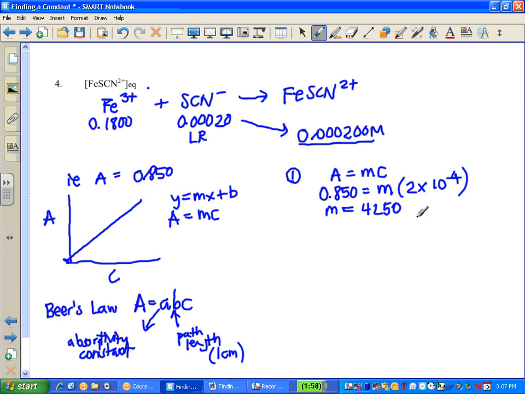Now, once we've got the slope here, we've got a relationship, and so for trial 1, 2, 3, and 4, we can use the absorbance that we were given and the equation of our line to determine the concentration of this particular ion at equilibrium.